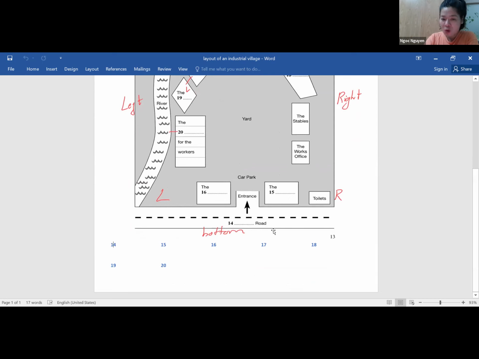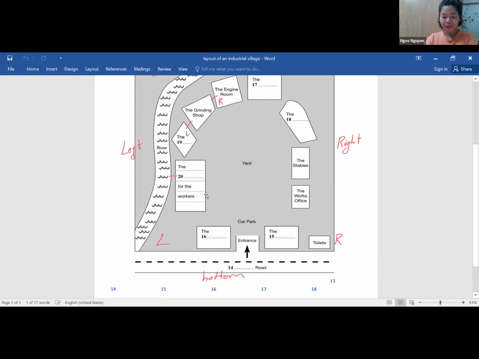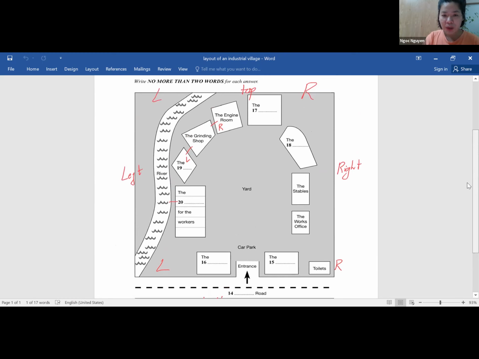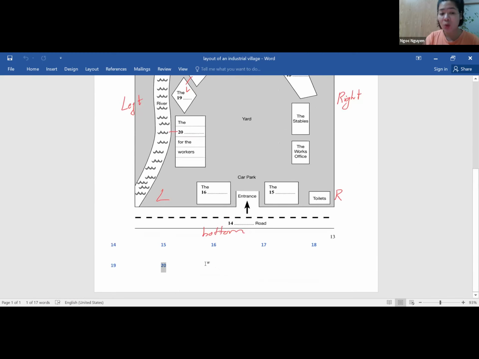Question 14 is the name of a road opposite the entrance or the entry gate, and question 20 is by the river. We'll jump into the middle of a listening test, because in IELTS Section 2 you need to answer 10 questions, from 11 to 20. But here you only see question 14, then 15 and 16, right?